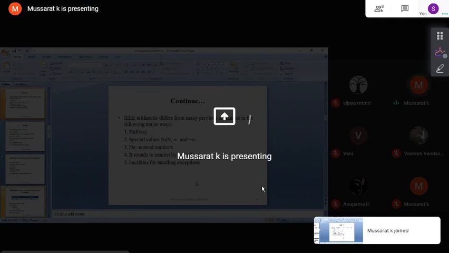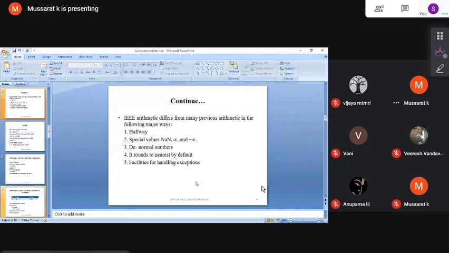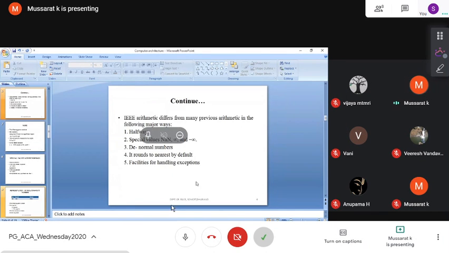Now is it visible? For me it's visible. Vijayalakshmi? Visible. Okay.